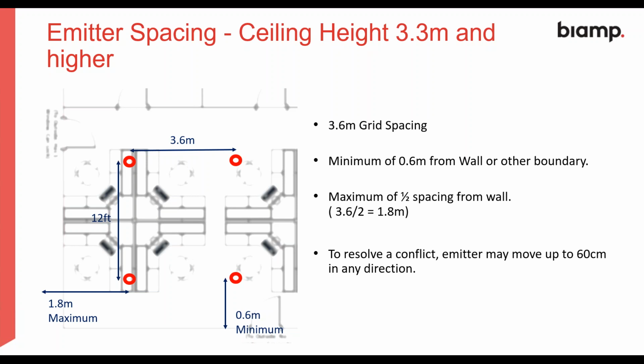And again, we can move any emitter 60 centimeters in any direction without conflict. So just to reiterate, that is the furthest spacing that the QtPro system can be. So if the ceiling height goes any higher, we always retain that spacing. We cannot go more than 3.6 meter grid spacing.